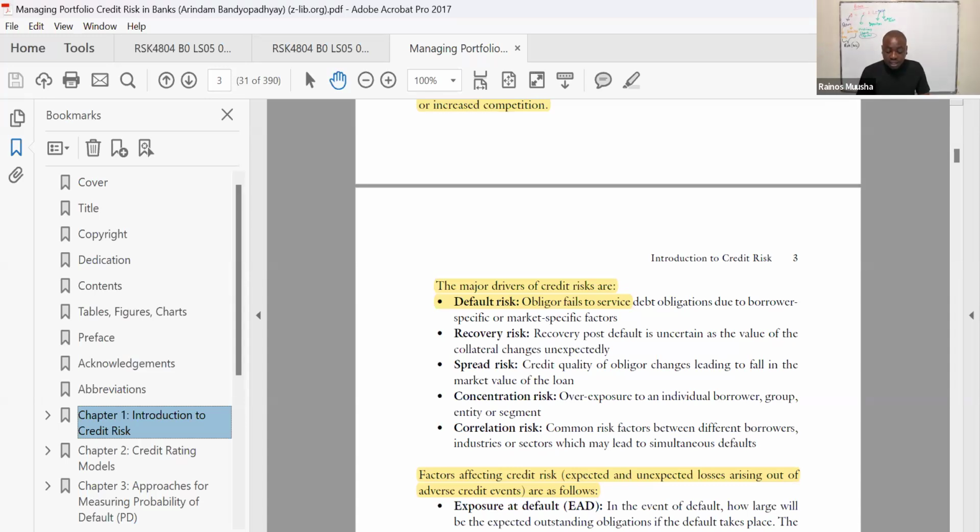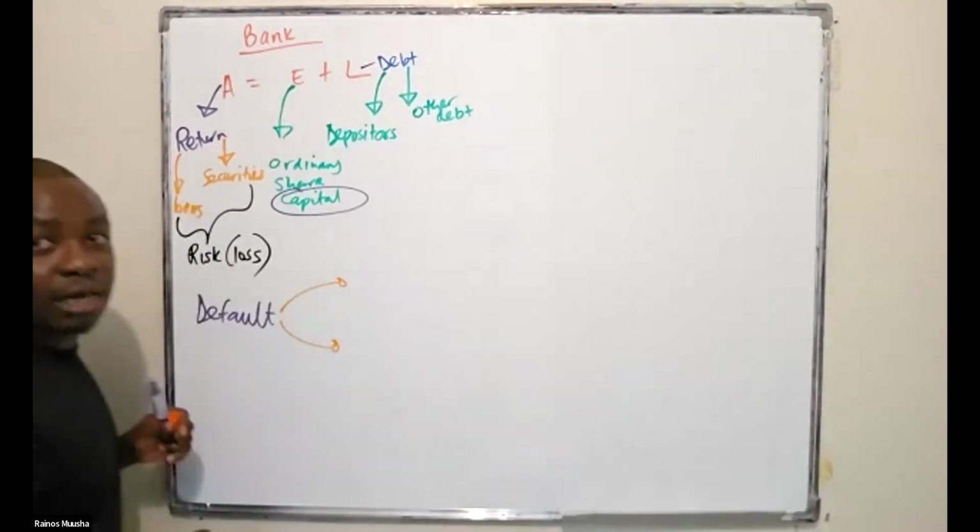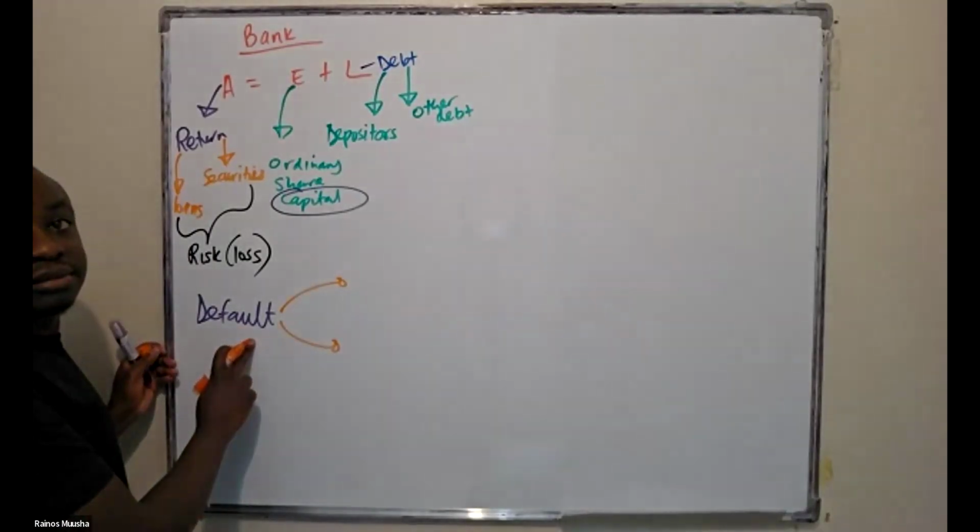Then there is also recovery risk. Recovery post-default is uncertain as the value of the collateral changes unexpectedly. So we are saying here, when default happens, we are expecting two outcomes.